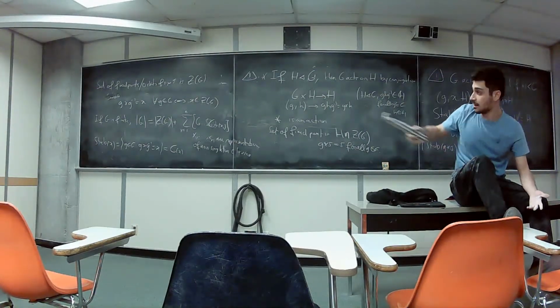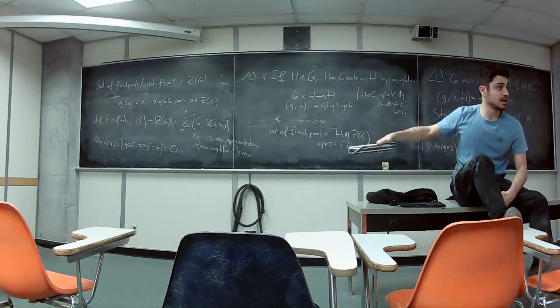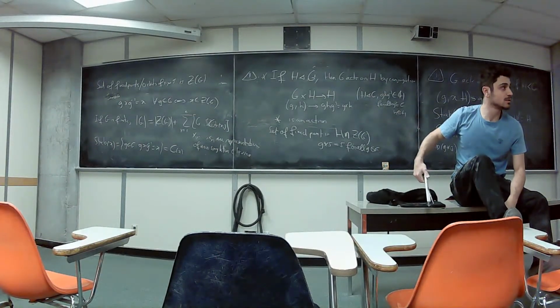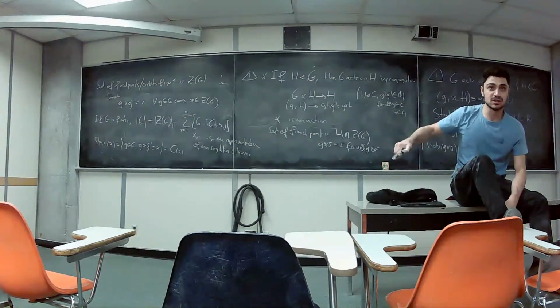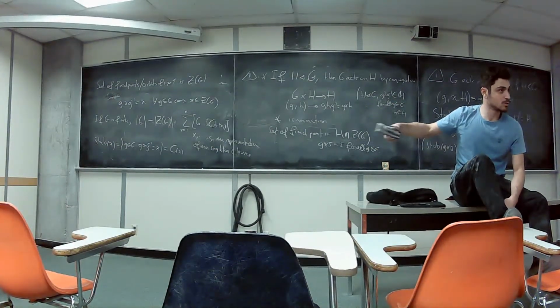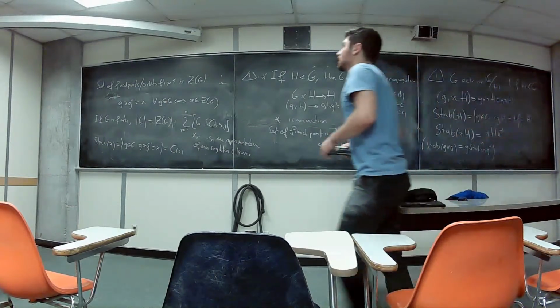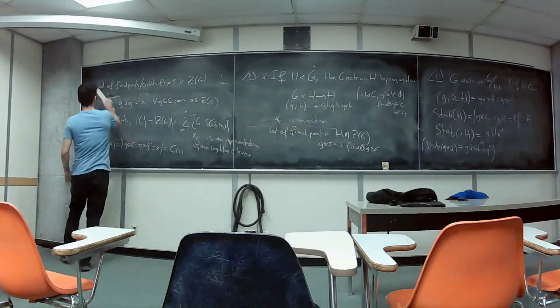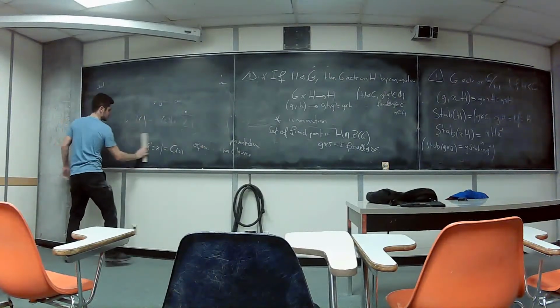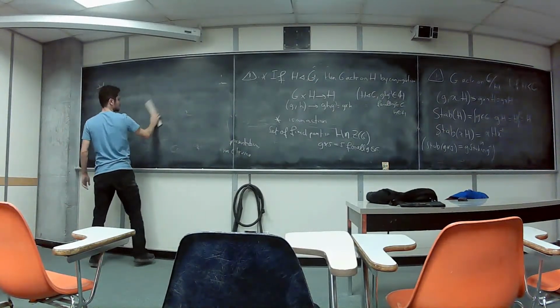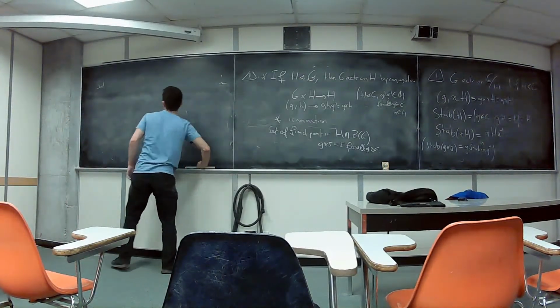I can conjugate elements, and then I can conjugate subgroups. If H is a subgroup, then XHX inverse is a subgroup of G. You remember that? And then we use the fact that G acts on this set. A very important action.